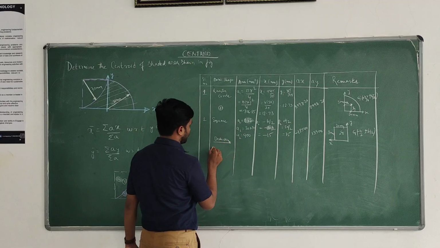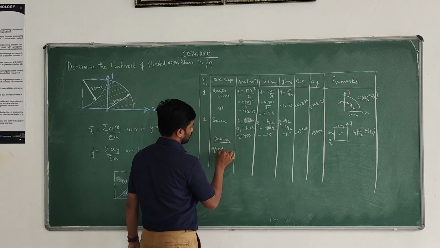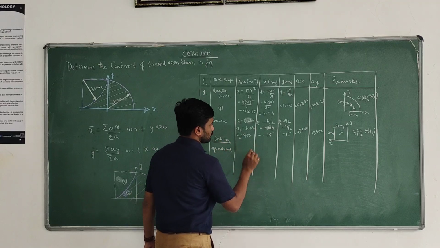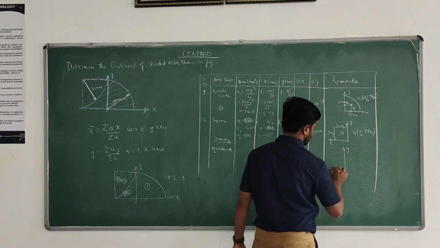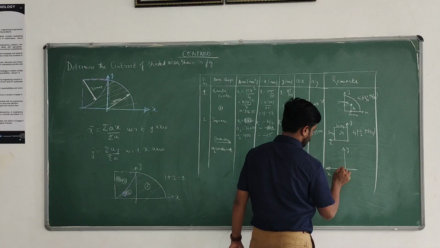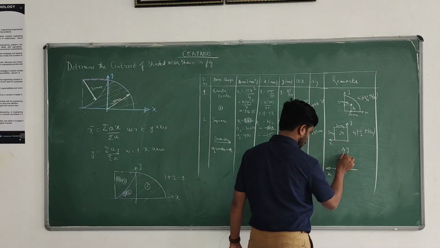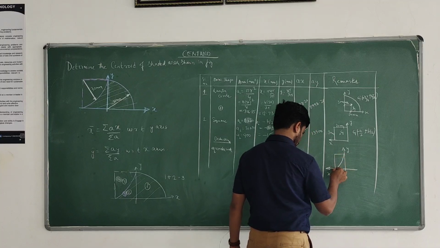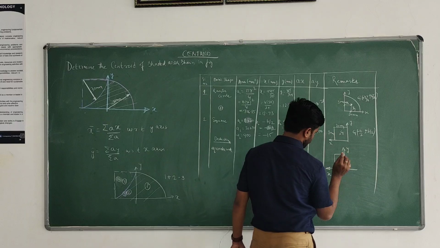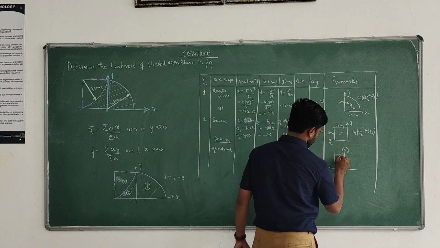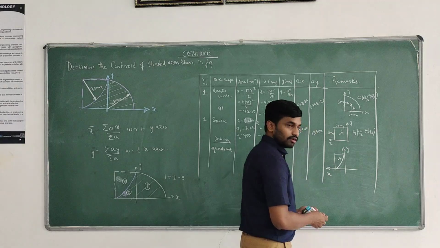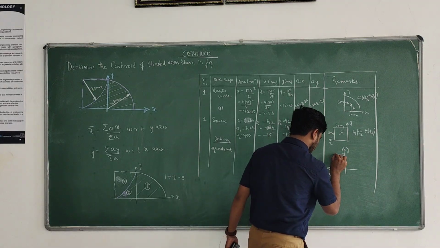So, we are deducting the quarter circle. Here the quarter circle, this is y, x, right? This is the quarter circle. Here the G may come, right? So now we know that this is the origin.